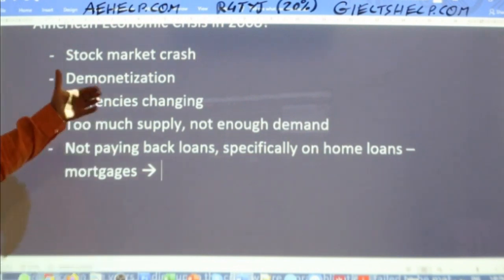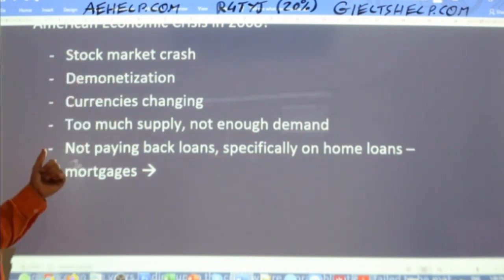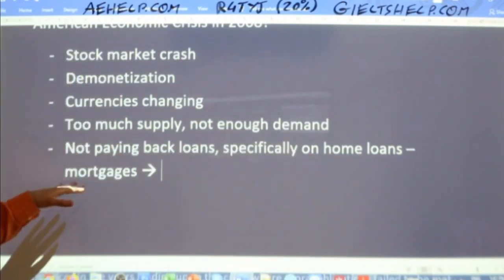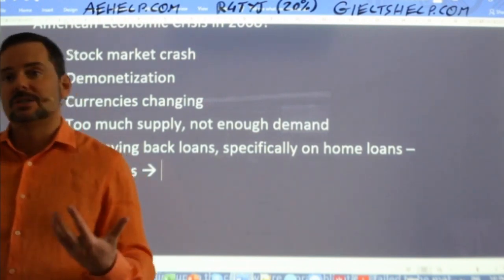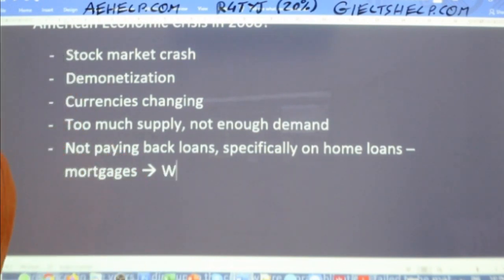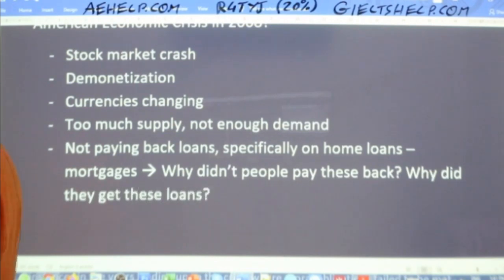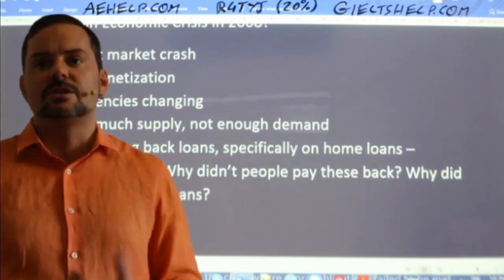So when you're predicting from the title of the passage and you start to get a good, clear idea, like not paying back loans, specifically home loans, then take it one step further and ask yourself, why not? So why didn't people pay these back? And why did they get these loans? So try to answer those questions for me, right?